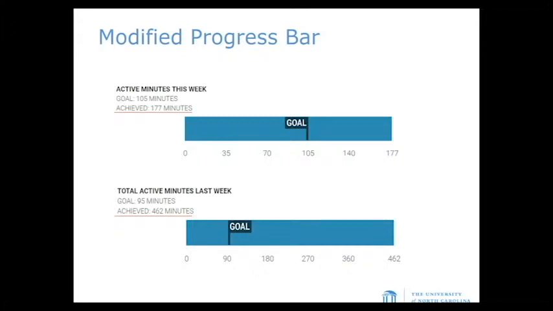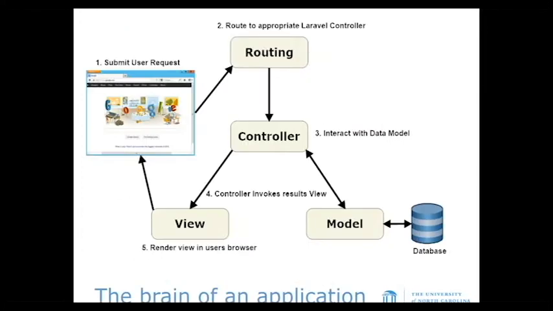A controller is the brain of the application. When users submit a request, it will first be routed to our controller, and then the controller will perform some calculation for the data and pull some data from the backend database, which is also called the model.